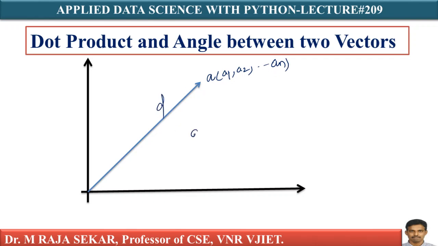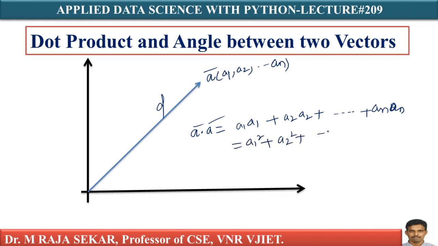What is your A dot A? A dot A means I can write A1 into A1 plus A2 into A2, and according to the dot product definition, so on up to AN into AN. Therefore, it can be written as A1 square plus A2 square plus so on AN square.